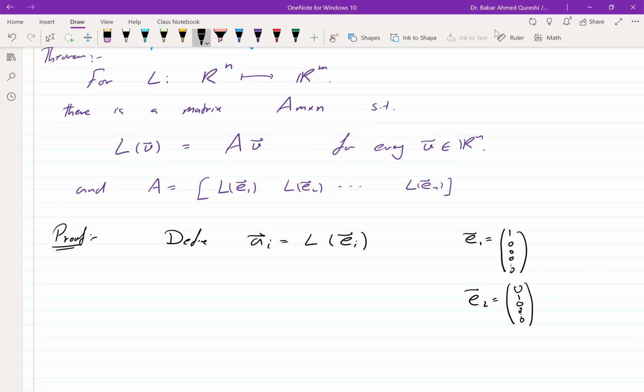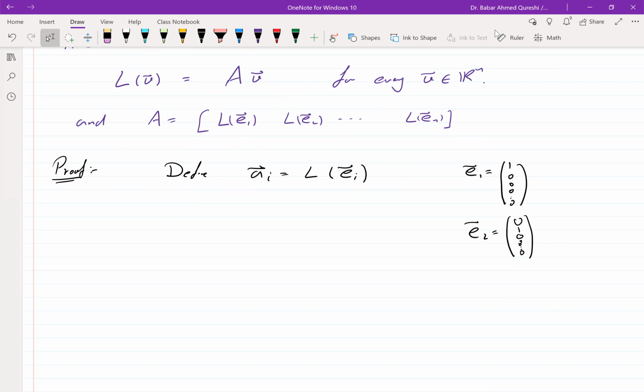You take these guys and start transforming by applying your linear transformation, whatever your rule is. You get some new columns and you collect those columns in a matrix, and that matrix will do the job. So define this, and let A equal this matrix.